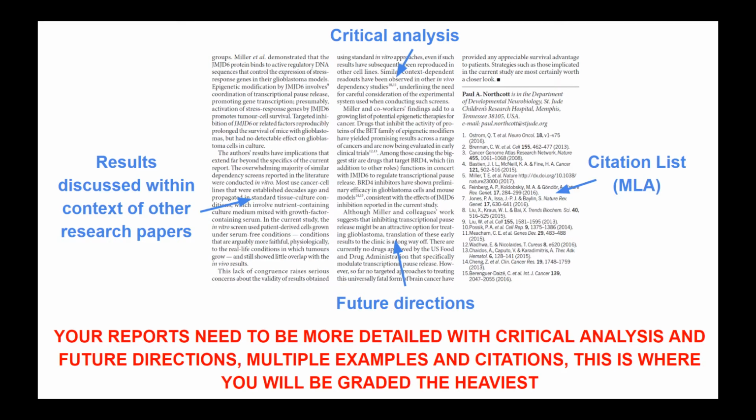So not only do you need to be an expert in the paper you've selected, you need to show that you understand how important, or not important if your paper is bad, how important that paper is to that field. Why was it important? What did they do that was new? How did they do it? Why do we care that they did this in a new way? Show us you understand the paper and the field. And that's what we mean by contextualizing the results.